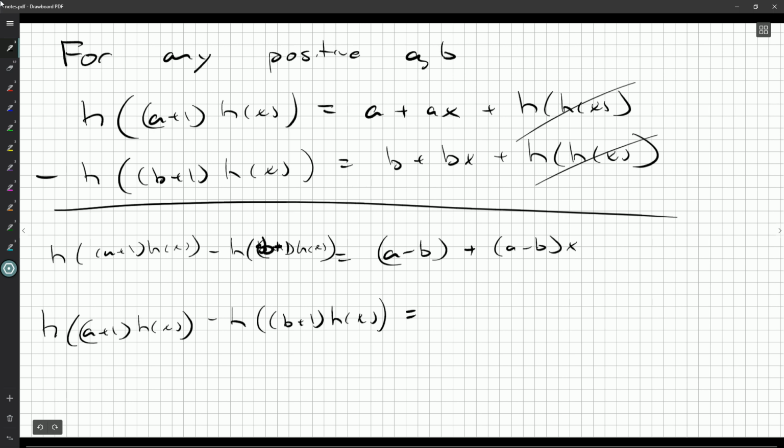And actually, we could take out a factor of a minus b, but a minus b is the same as a plus 1 minus b plus 1. And so now it's the same sort of input, a plus 1 on this side, b plus 1 here, a plus 1 here, b plus 1 here.